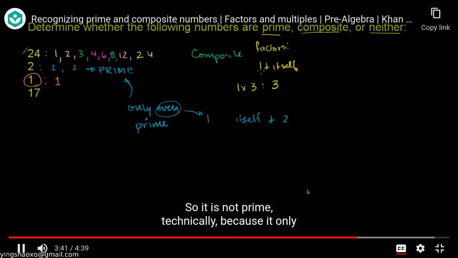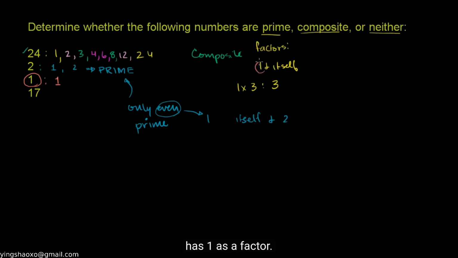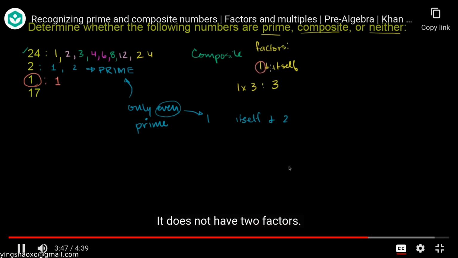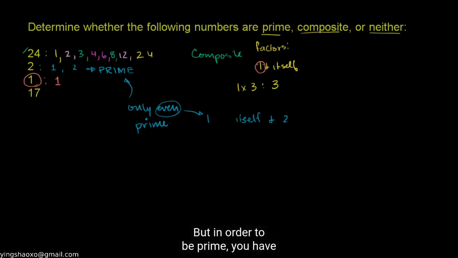Now let's think about the number 1. It only has 1 as a factor. It does not have two factors. One is itself, but in order to be prime, you have to have exactly two factors. One has only one factor. In order to be composite, you have to have more than two factors. You have to have 1, yourself, and some other things. So it's not composite.